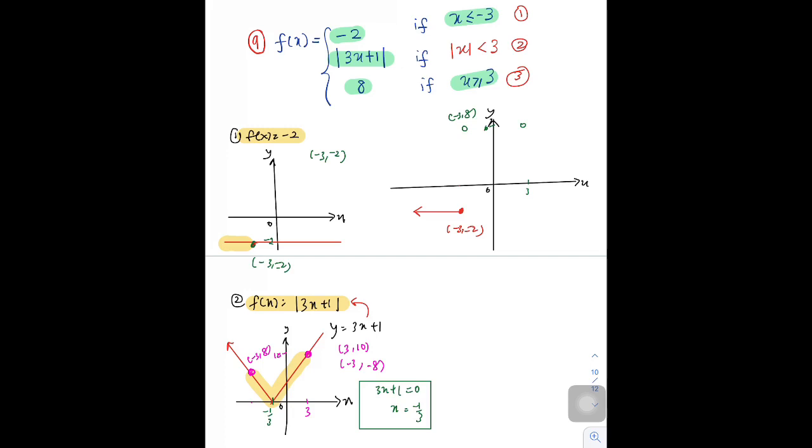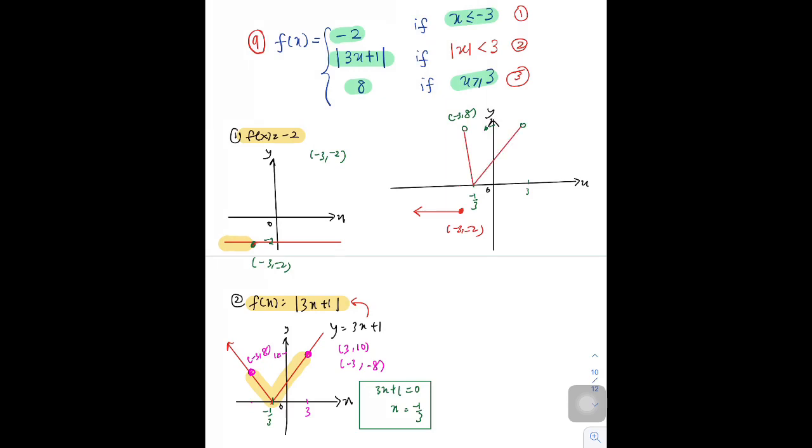And you also have minus 3, minus 2. Now we want to fill in this one here. Minus 3, 8 is already done, and 3, 10 is already done. Only this part here is not ready yet. This is when your x is equal to minus 1 over 3. Now let's connect all of the points.